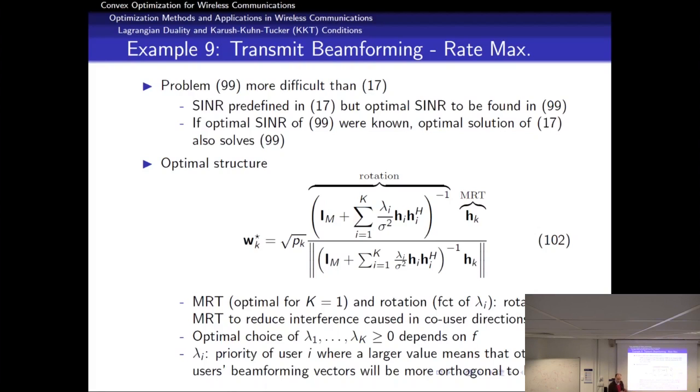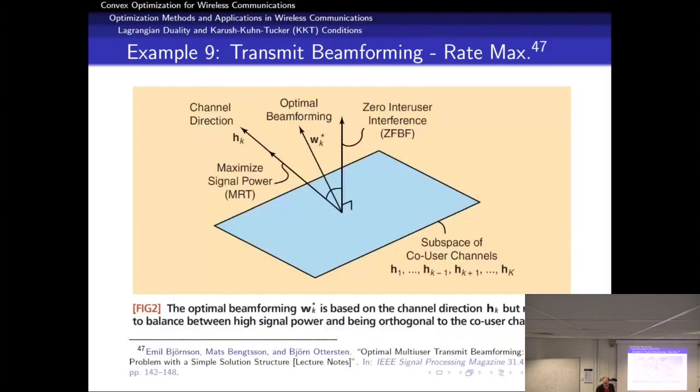So your optimal solution is a form of MMSE, right? If your interference is very dominant, this kind of disappears, and you end up with some form of zero forcing. If your interference here is negligible compared to this, you end up with some MRT. But in general, you end up with something that is in between. And your optimal solution is really a function of your lambda, which is your Lagrangian multiplier. Right? That's the insight that you get from this.